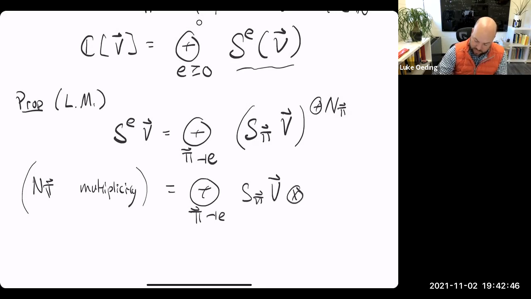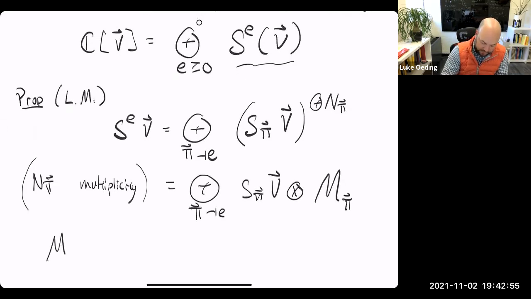But I prefer to think about this as a direct sum over pi, multi-partitions of E, tensored with a module for a product of symmetric groups. So M sub pi is abstractly a vector space of dimension n pi, but I want to emphasize that if you can form a basis of this vector space, then you can actually do computations with it.